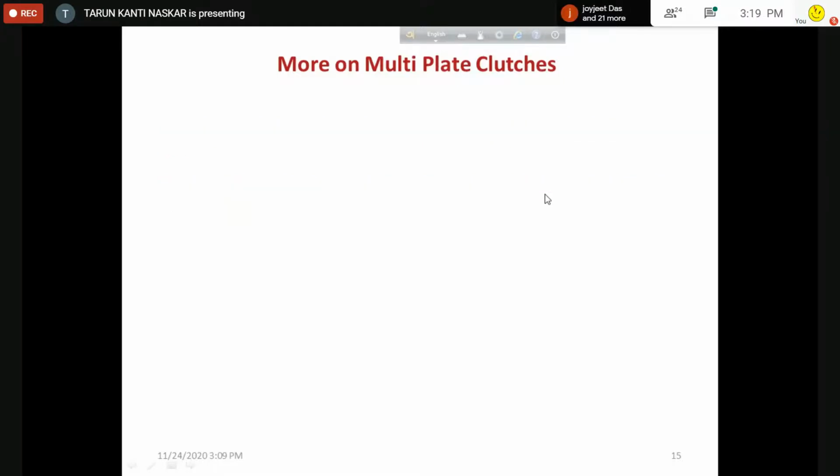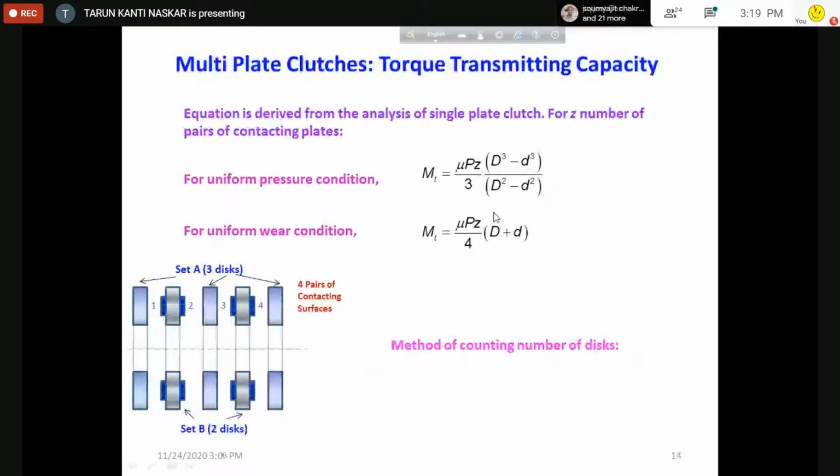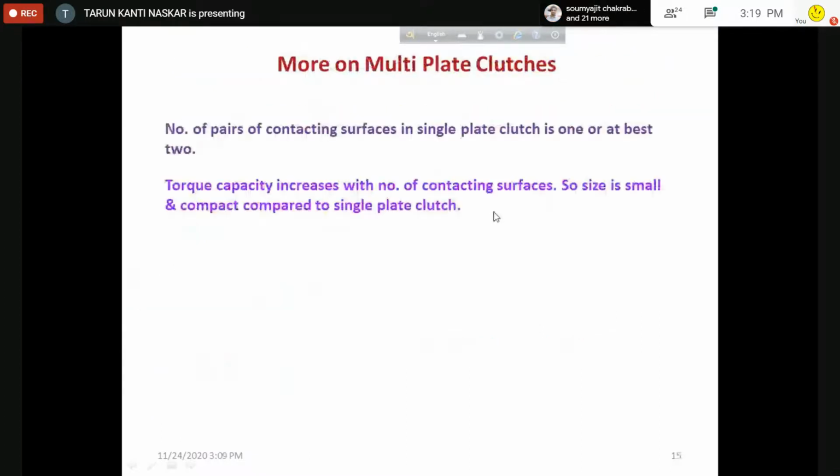From this equation, torque capacity increases with the number of contacting surfaces.